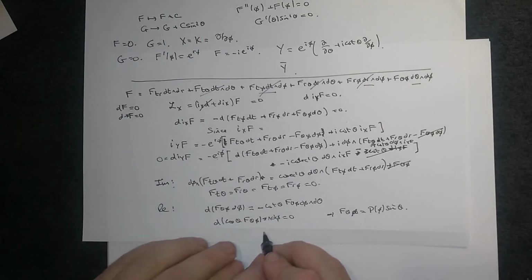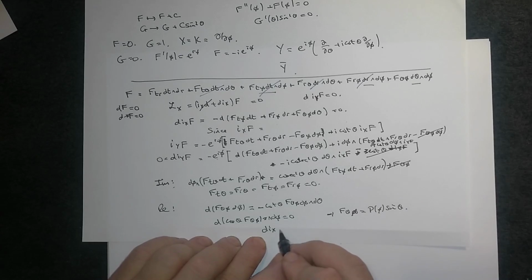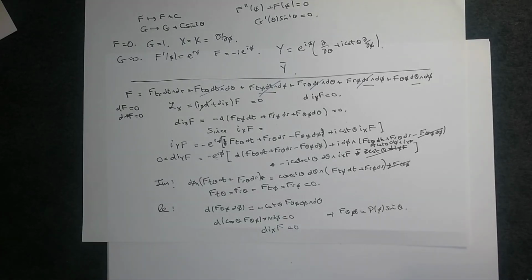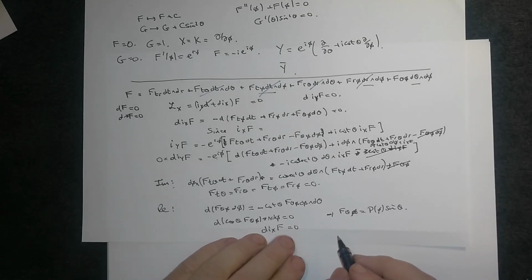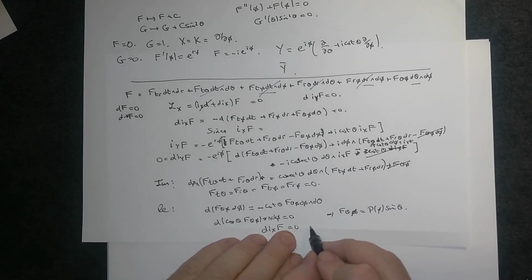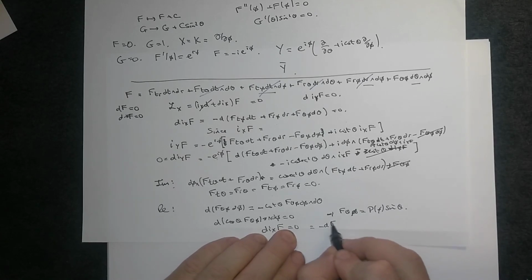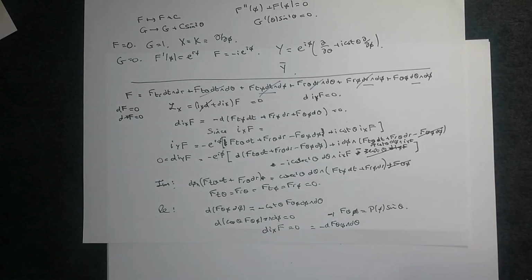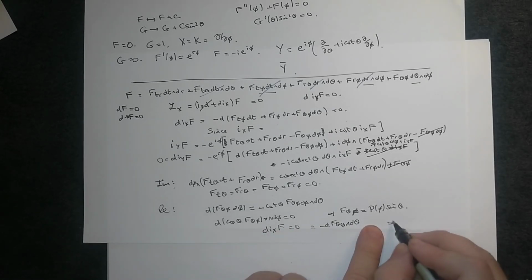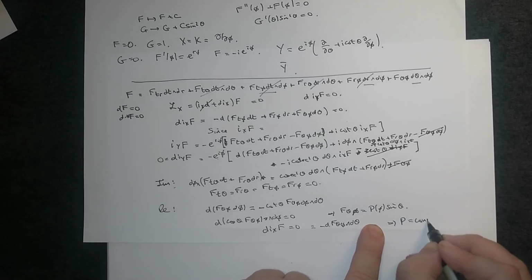Now remember that d i_x of F is 0, so that tells me that minus dF_θφ wedge dθ is 0, which will imply that p is constant.